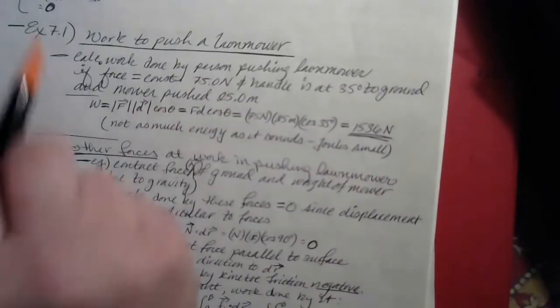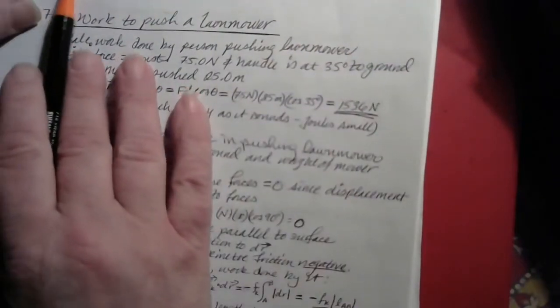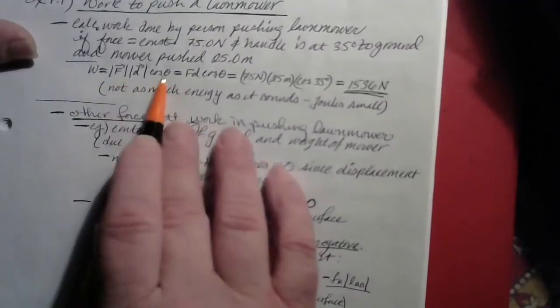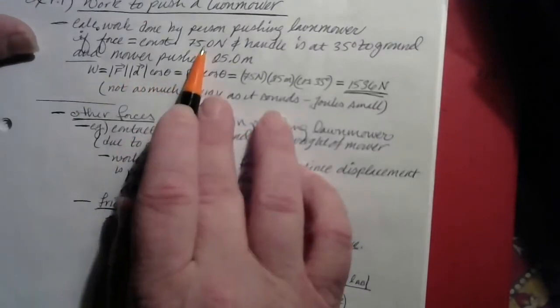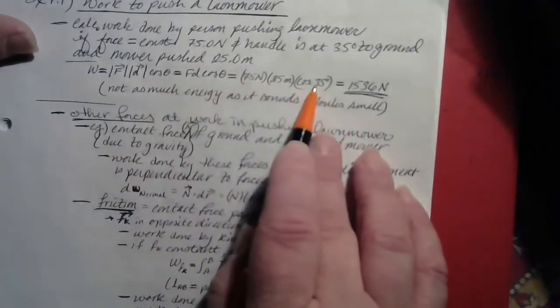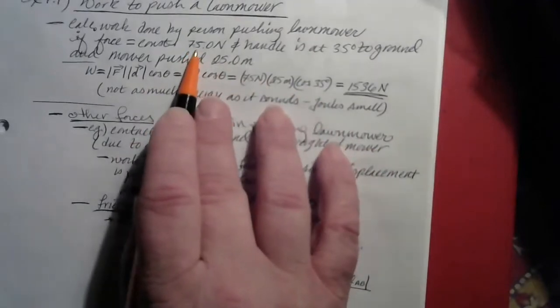Well, we have the equation like up here. It's just magnitude of the force times the magnitude of the displacement times cosine theta. Okay, so the force is 75 newtons. The distance is 25 meters, and cosine of theta is what takes care of the fact that the handle of the lawnmower is actually at an angle.